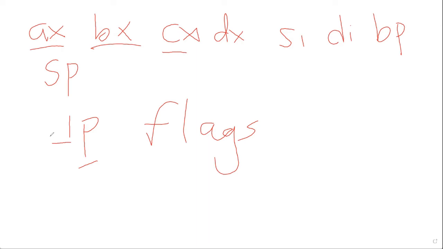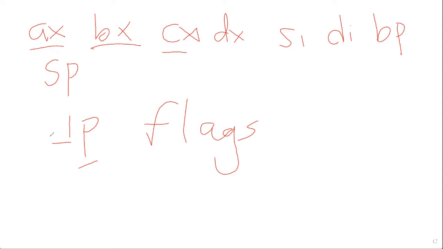And then we know about the flags, like the zero flag, overflow, trace, carry flag and all of that. I told you that you can read about it. The flags simply show the state of the processor.